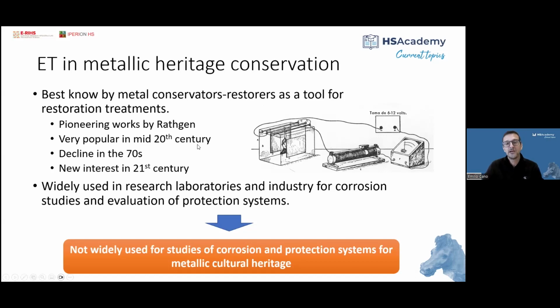There was a decline in the use of these techniques in the 70s, mainly because of changes in criteria or in the results that were sought in restoration treatments, but there has been renewed interest starting at the beginning of this century.